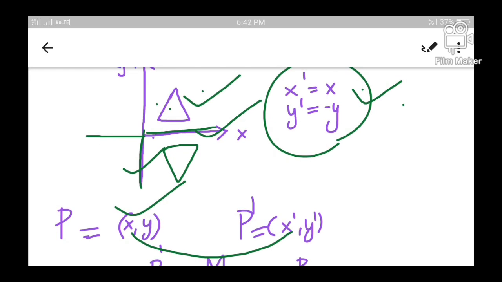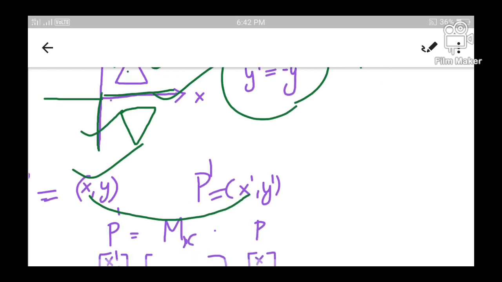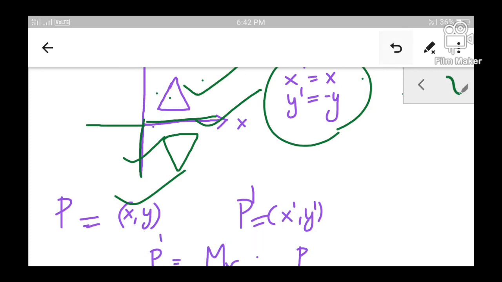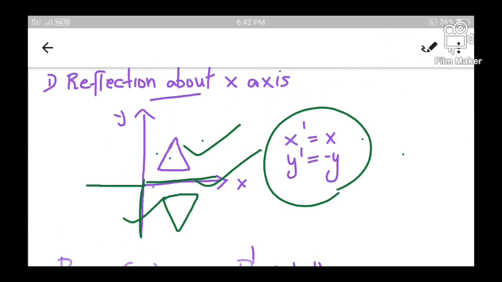After reflection, y becomes negative because the original image has a positive y value, but after reflection, since the image is in the fourth quadrant, y becomes negative. So the relationship between y and y dash is like this. Y dash will be the negation of y. So the equation is written like this: y dash equal to minus y.